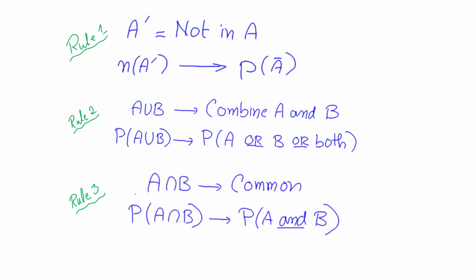A intersection B means common. This is the language of sets. So probability of A intersection B is equal to probability of A and B. Yes, sir.